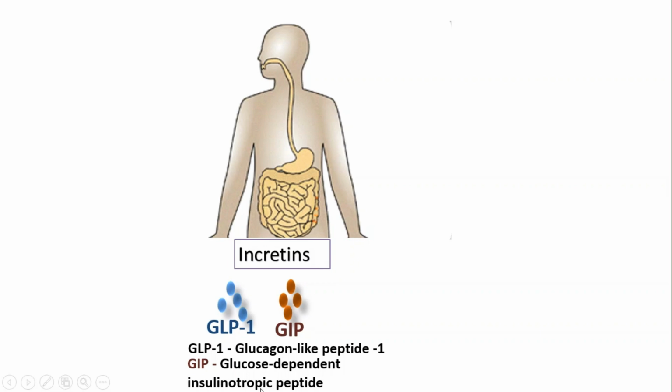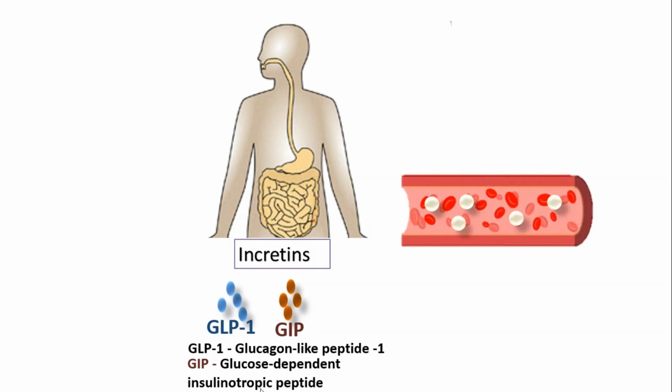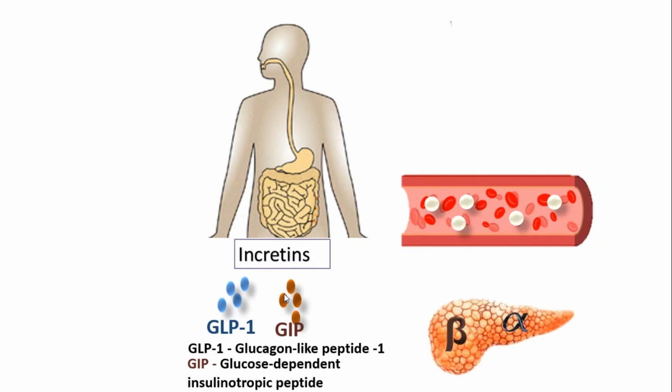What are the effects of these incretins, GLP-1 and GIP, on the blood glucose level? Friends, let's assume that this is a blood vessel and within the blood you have an ample amount of glucose present. When incretins are produced by the intestine, this GLP-1 and GIP will travel to the beta cells of the pancreas.